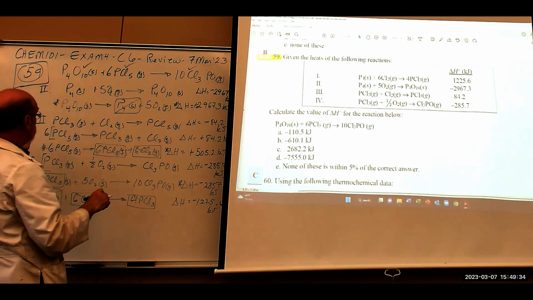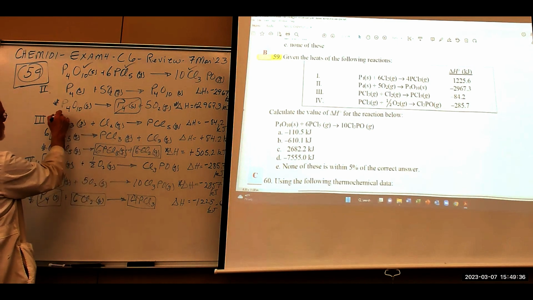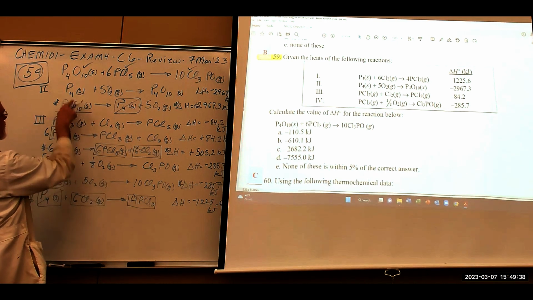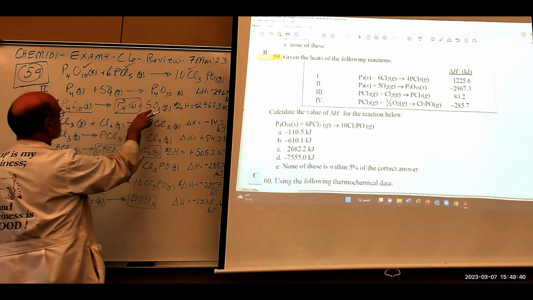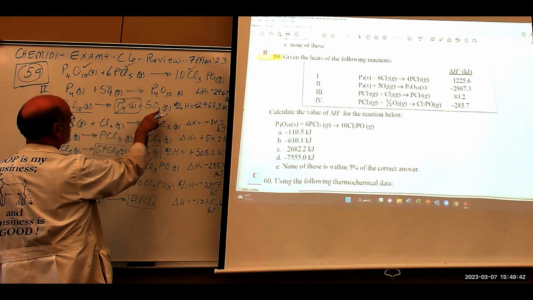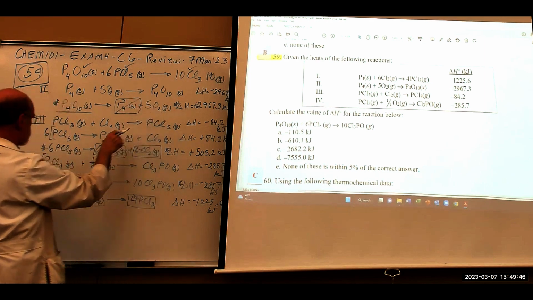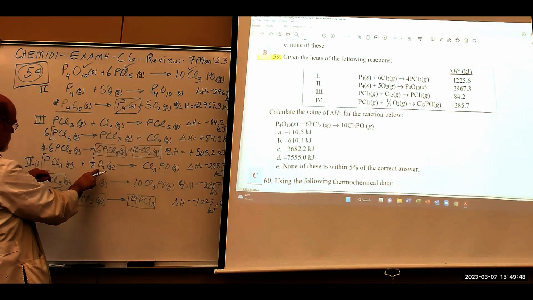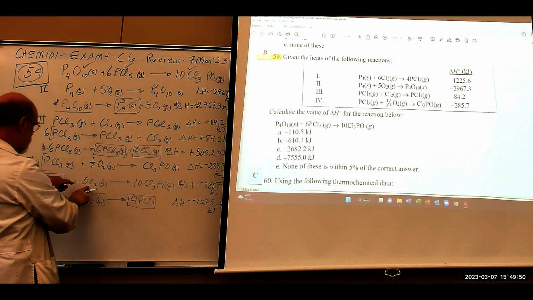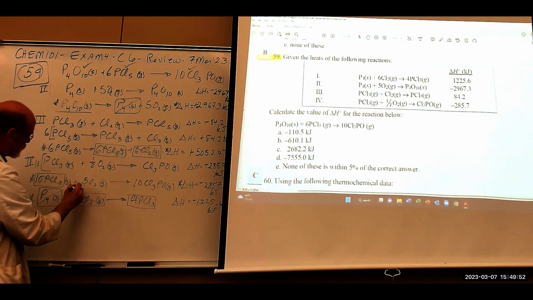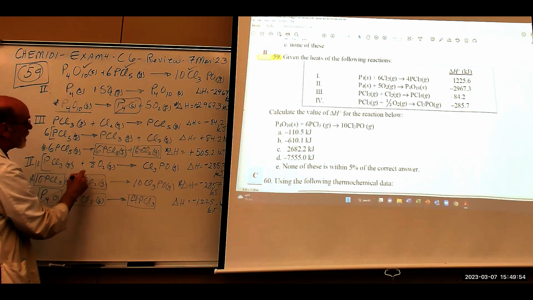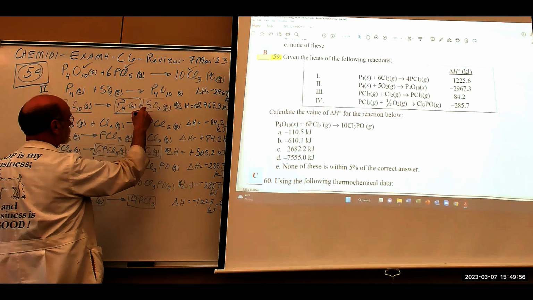Let's see if we've got everything we need now. Okay, there's P4, 10. Oh, there's 5 O2. There must be some O2 around here. Okay, here's an O2. Here's an O2. Here we go. There's 5 O2 and there's 5 O2.